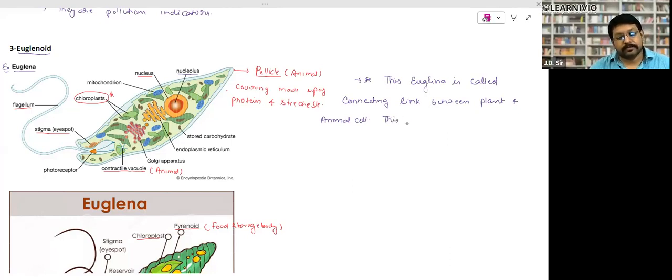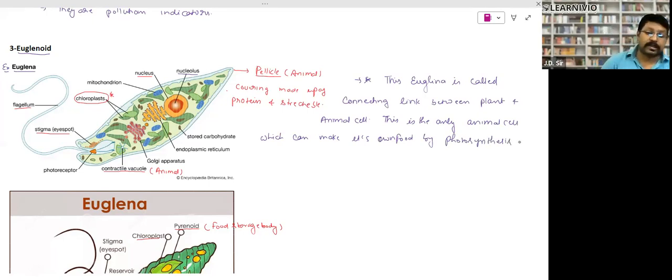This is the only animal cell which can make its own food by the photosynthesis process. That's why this is called the connecting link between plant and animal. This is important, so I always make a star in front of those points which are important.